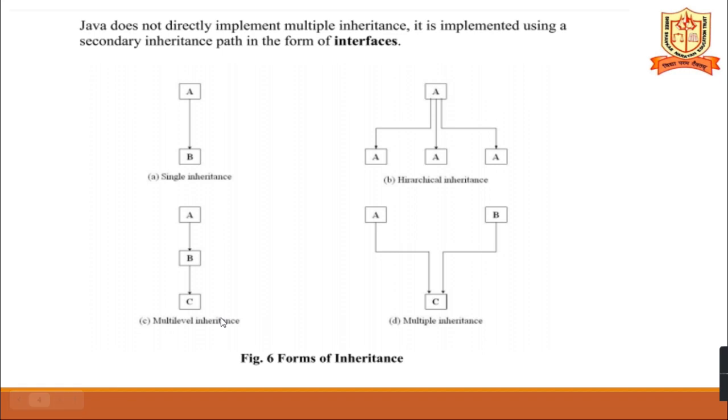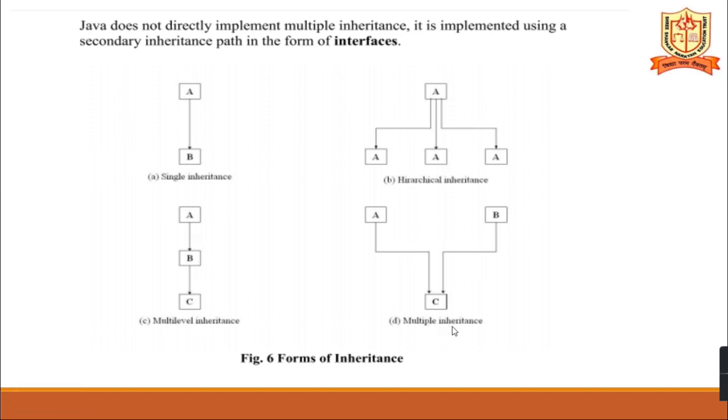In this multi-level inheritance, C is a child class, and this child class has one more base class above it. C extends B and B extends A. That means C is a subclass of B and B is again a subclass of A. It is called multi-level inheritance.